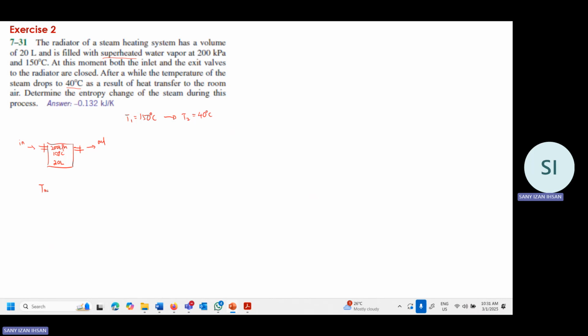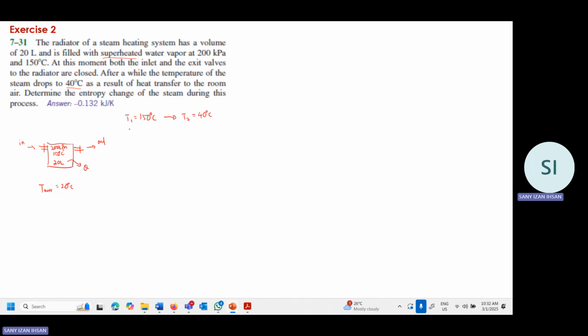You can also indicate the surrounding is equal to 20 degrees Celsius, as a result of heat transfer from the radiator to the surrounding. Determine the entropy change of the steam during this process.